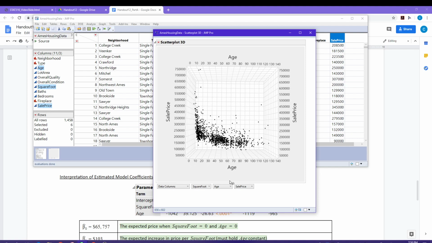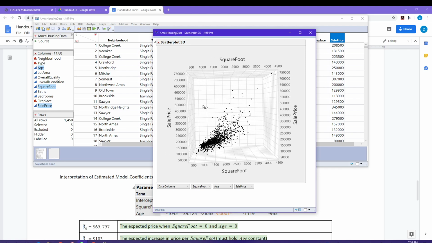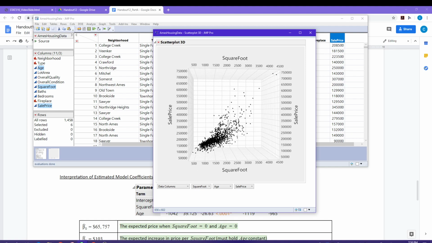So now here I'm looking straight at age, and I can see that the older the home is, the price tends to go down. So the trend here looks like it's down. The other thing that I see when I'm looking at this is some potential curvature here, and that'll appear in our residual plot when we look at the residuals in Part B of this handout.